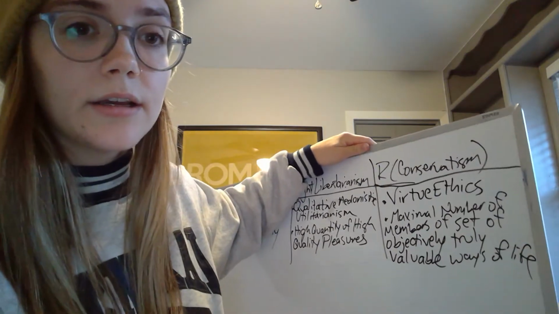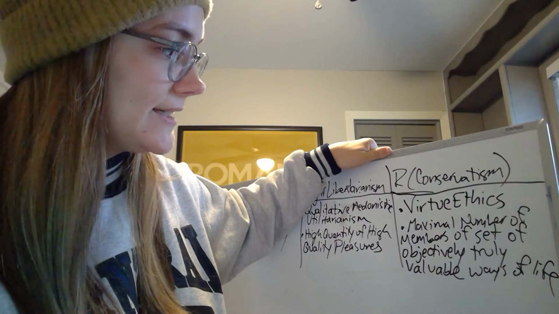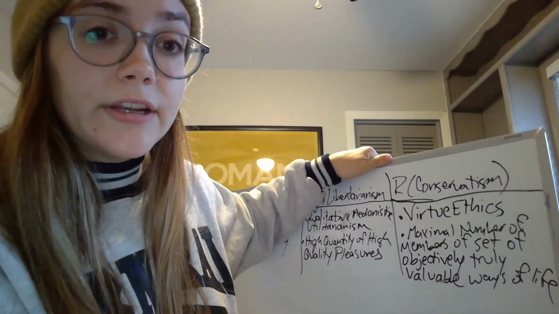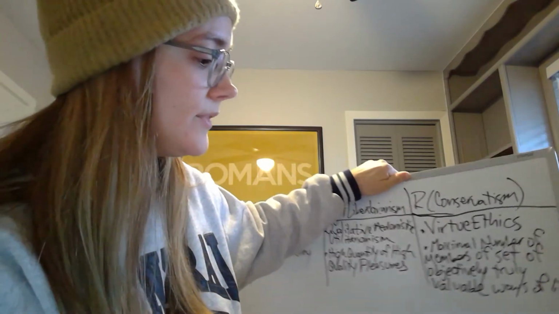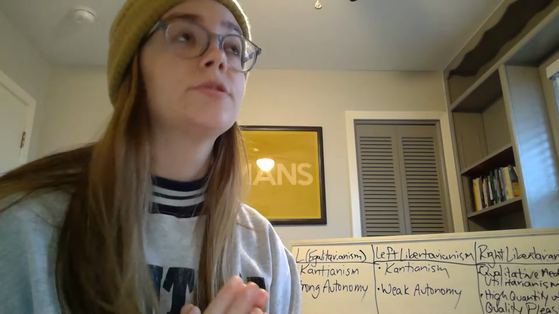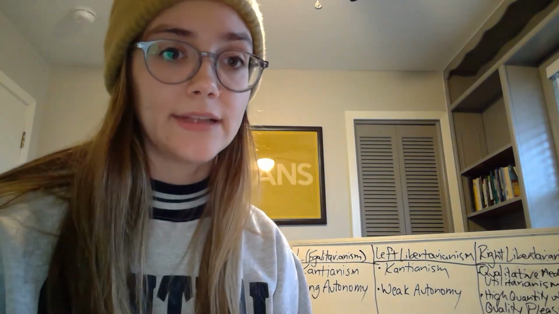And then conservatism, maximum number of members of a set of truly valuable ways of life. So the conservative wants their society to have as many members as possible that have a set of objectively, truly valuable ways of life.